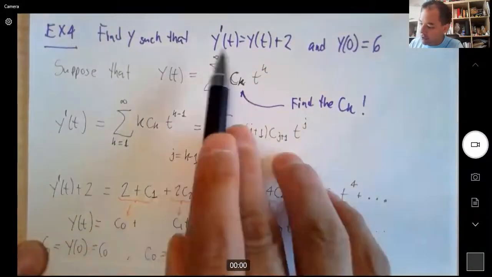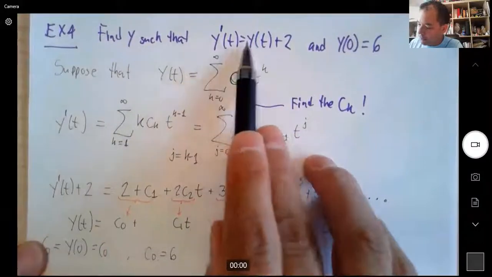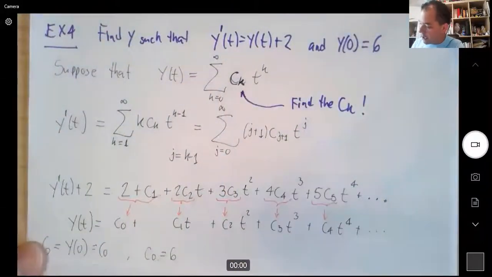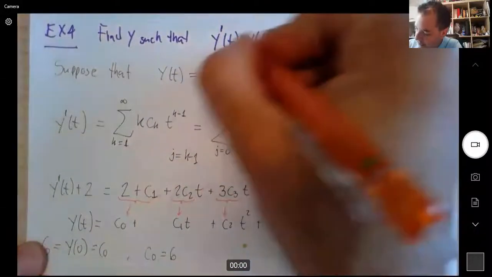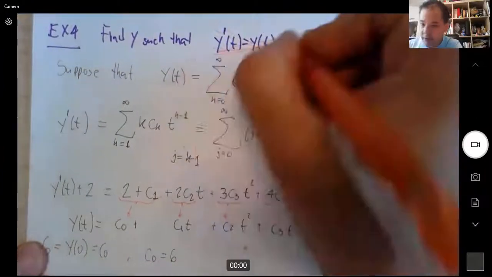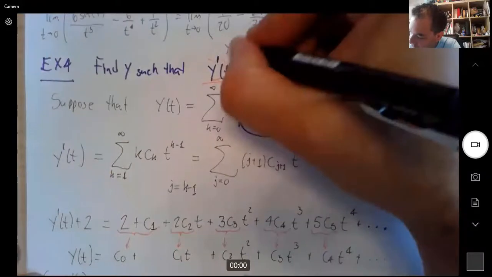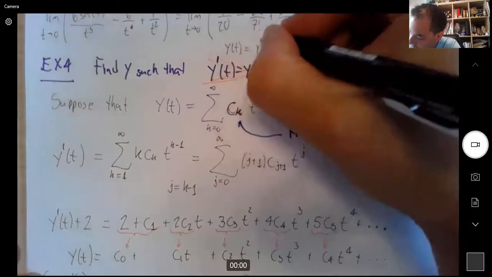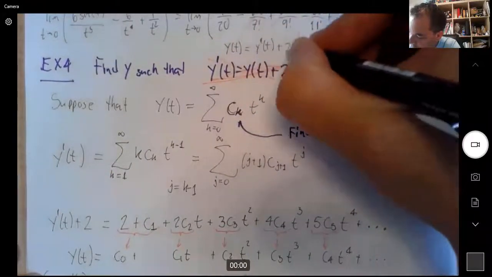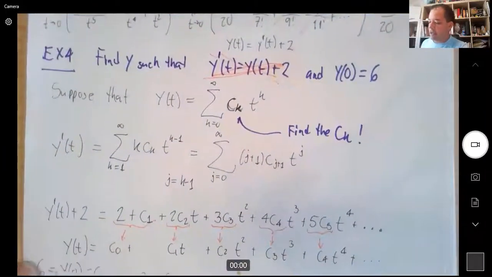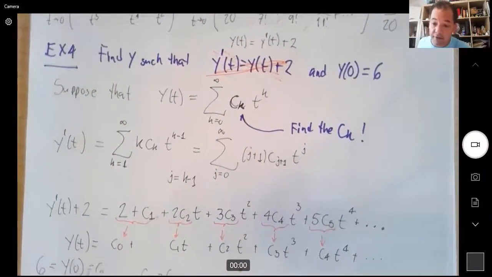Instead of doing this one, that y prime equals y plus 2, we didn't do that one. We did a different one. The one we did was y equals y prime plus 2. Okay, my bad. But the other one is solved the same way, all right?